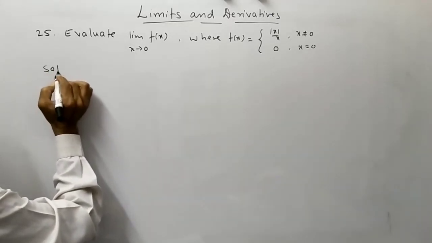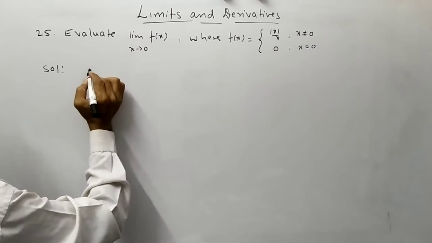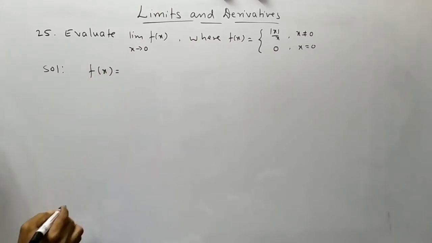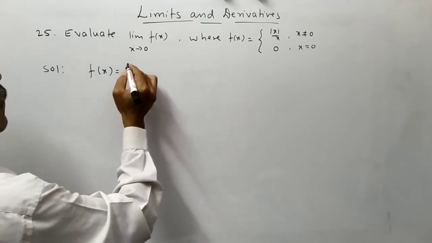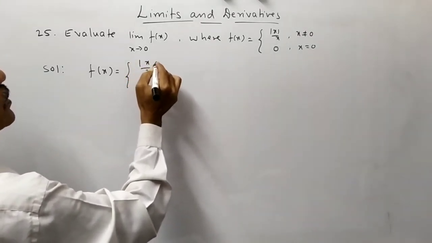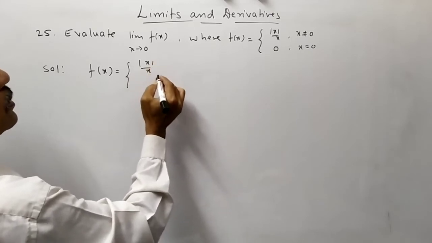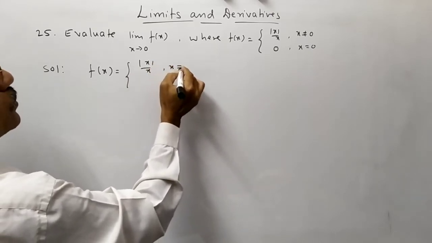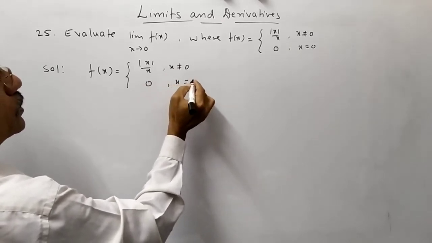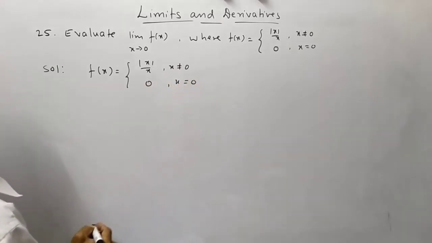Solution. f of x is equal to modulus of x divided by x when x is not equal to 0, 0 when x is equal to 0.